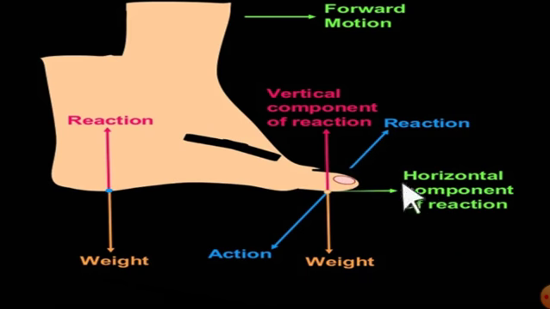Had there been no reaction, there would not be these components, right? So instead of this reaction, we may think that there are two components, one horizontal and another vertical. So this vertical component of the reaction will be cancelled by its own weight.